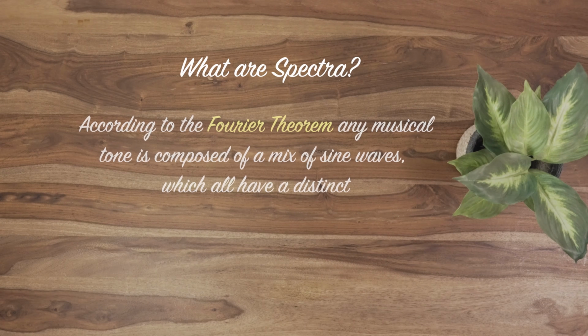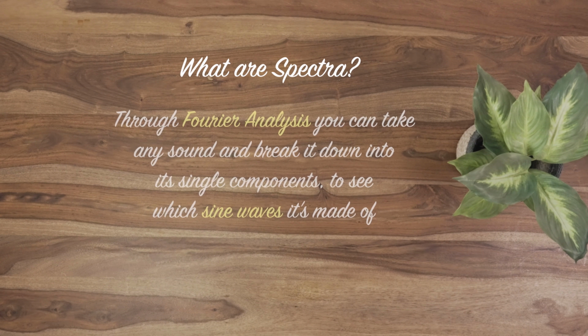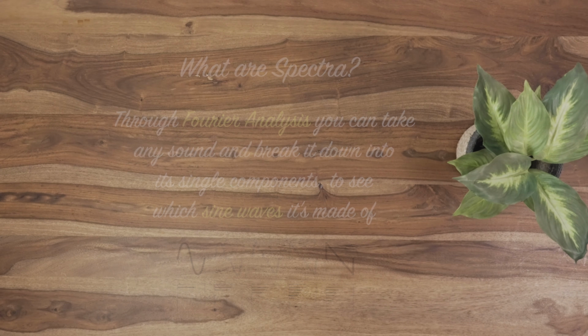According to the Fourier theorem, any musical tone, every sound, is composed of a mix of sine waves, which all have a distinct frequency, amplitude, and phase. Through Fourier analysis, or spectral analysis, you can take any sound and break it down into its single components to see which sine waves it is actually made of.